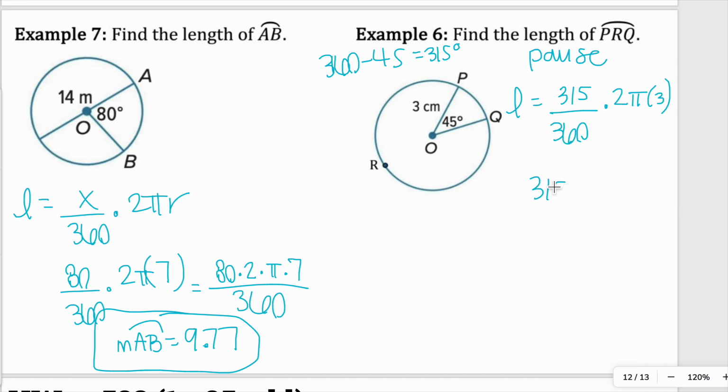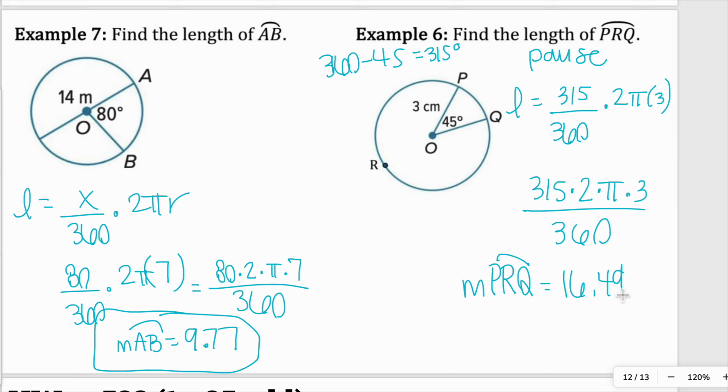So 315 times 2 times pi times 3, and then divided by 360. I'm going to get a long decimal, so let's round it. The length of major arc PRQ is equal to about 16.49 centimeters.